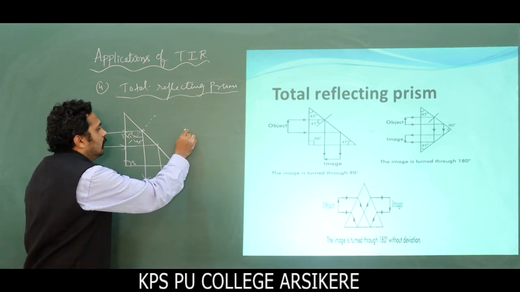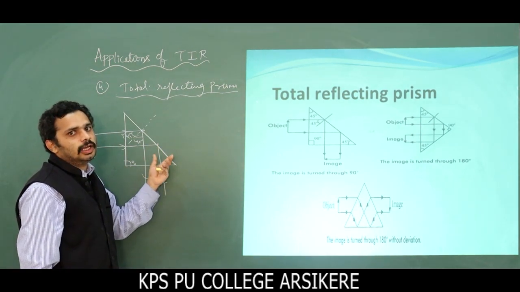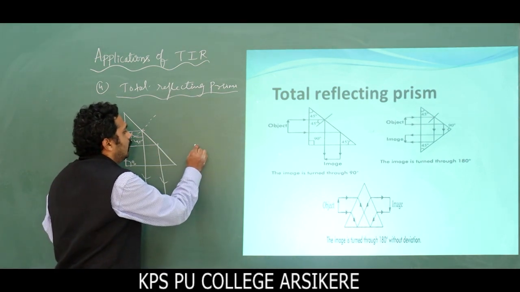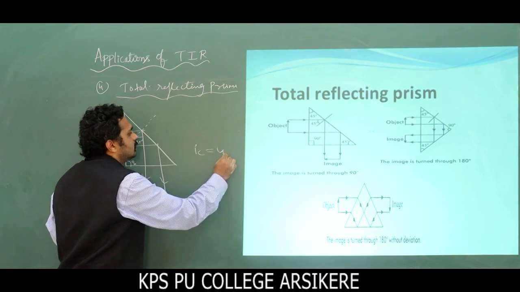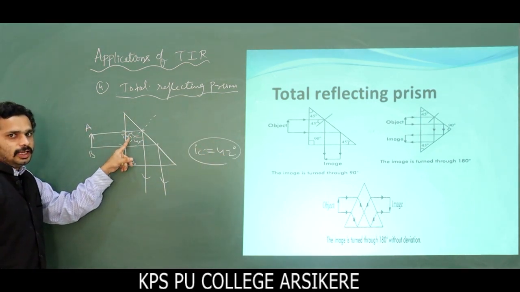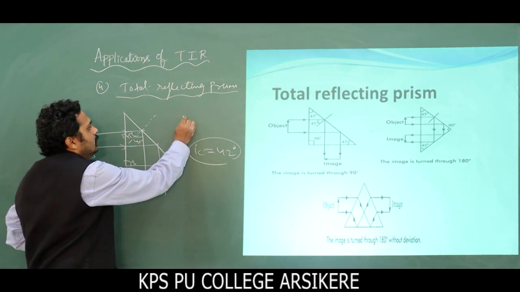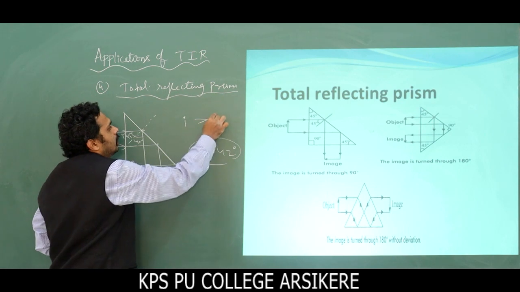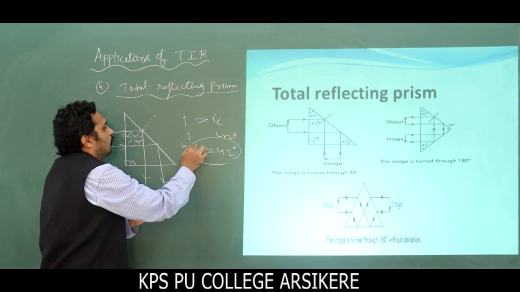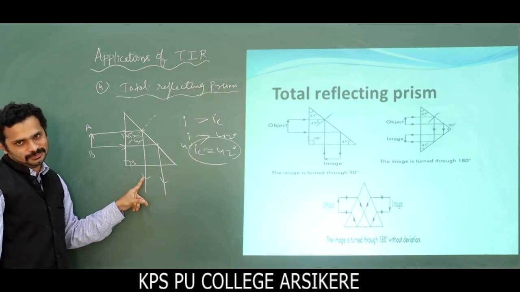You know that the critical angle for glass-air is nearly 42 degree, or 41.92 degree. But here the incident angle is 45 degree. What is the condition for TIR? The incident angle is greater than the critical angle. Critical angle is 42, the incident angle is 45. Therefore, here we are going to observe TIR.